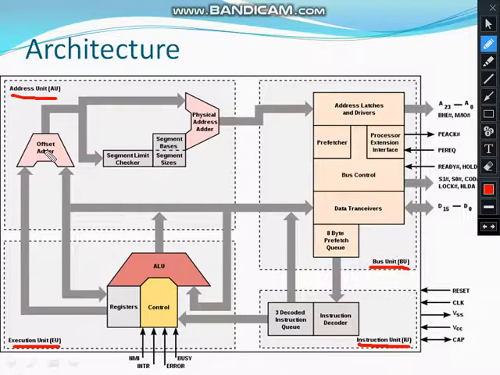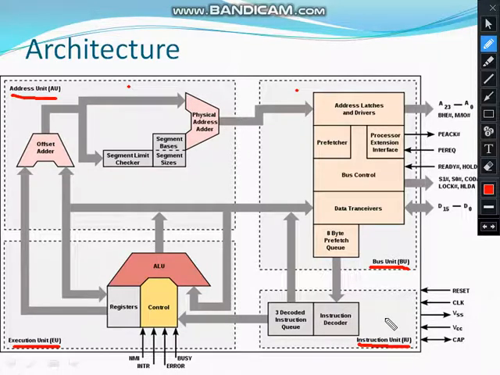In the addressing unit, the function of this block is to calculate the address of the instruction as well as the data. The main function of the bus unit is to transfer or receive the data and addresses via the address bus or data bus.